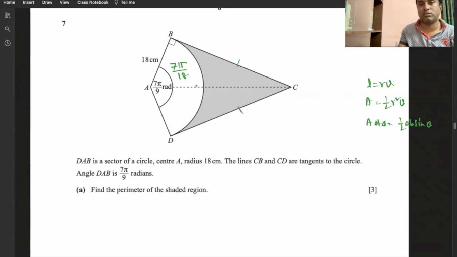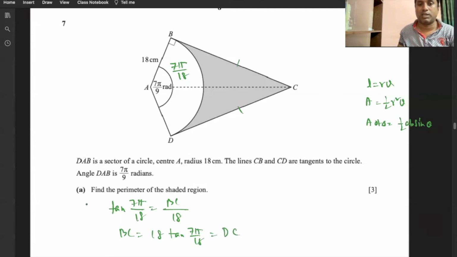This is 90 degrees, so this is the hypotenuse. Tan of 7 pi by 18 equals BC by 18. Now we can apply here, this equals 18 tan of 7 pi by 18 equals BC.